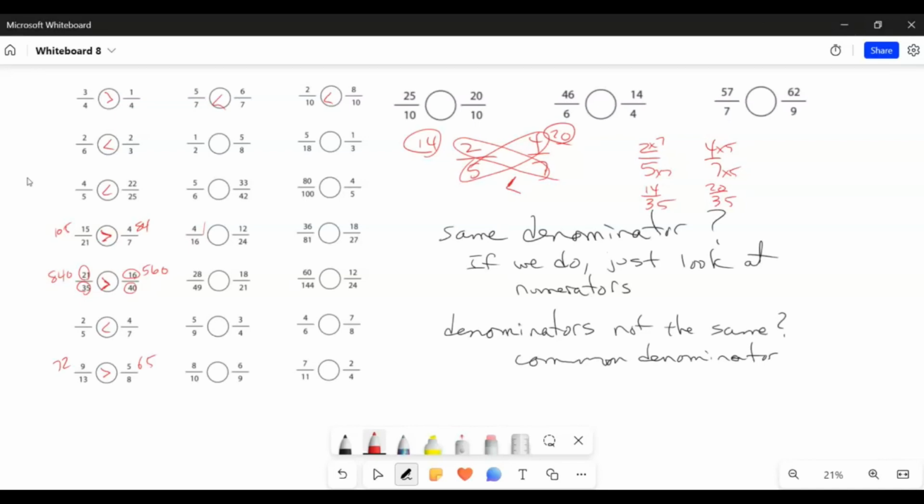We're looking at which one is bigger, 1/2 or 5/8? That's 3 people answered.